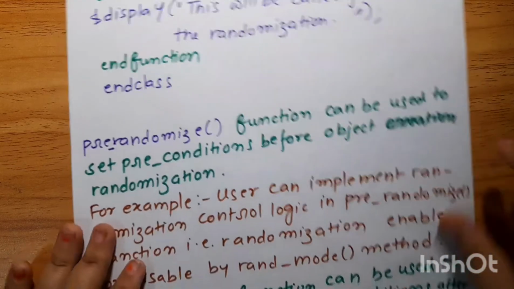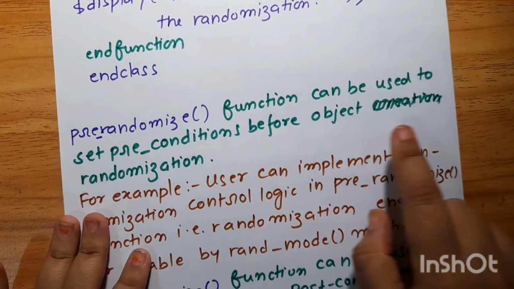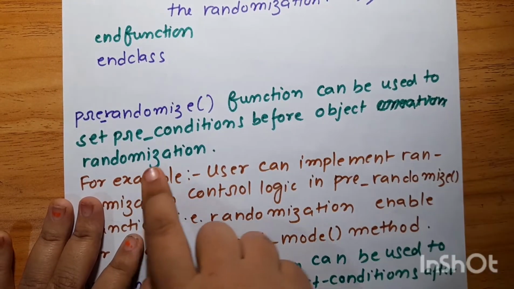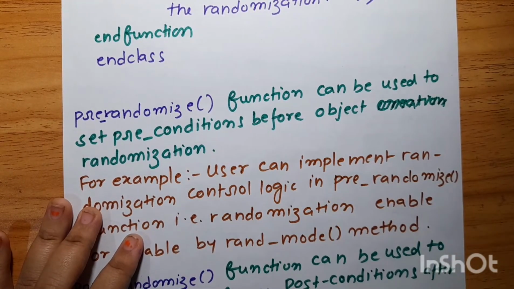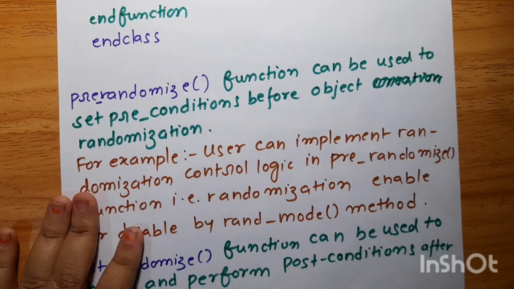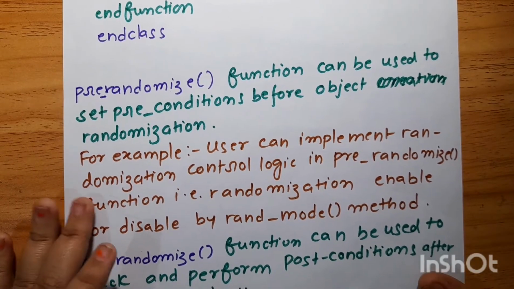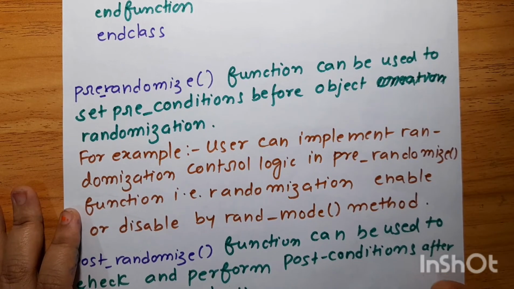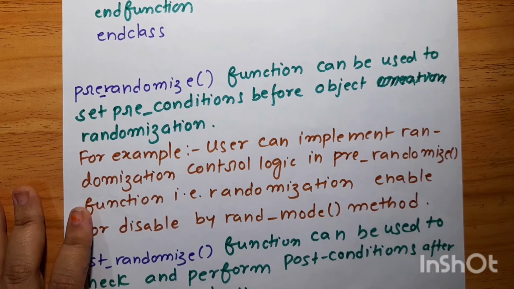Okay. Now the pre-randomize function can be used to set the precondition before the object randomization. So there is a particular role for the pre-randomize, randomize and post-randomize functions. The pre-randomize function is used to set some control logic for the randomization before the actual randomization happens.